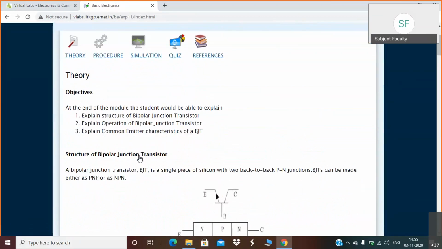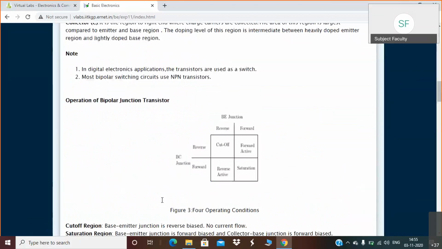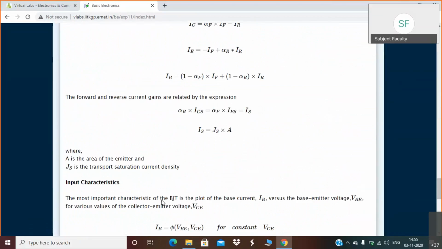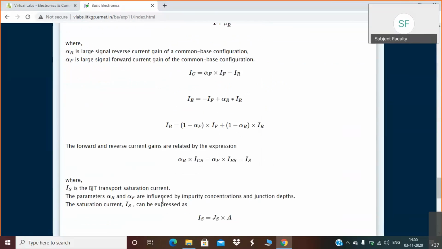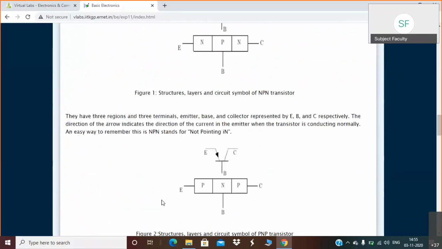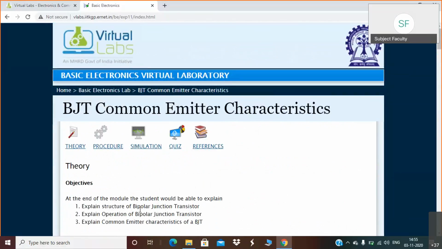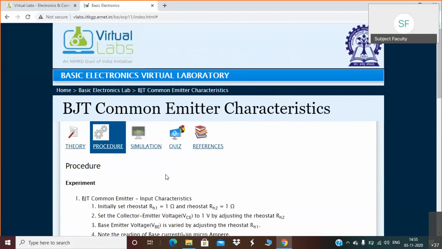Here also you can observe theory is given, so you can go through the theory. I have already explained it in the last session, but that explanation was according to our manual. But here, if you want to do this correctly, you have to follow these procedures.